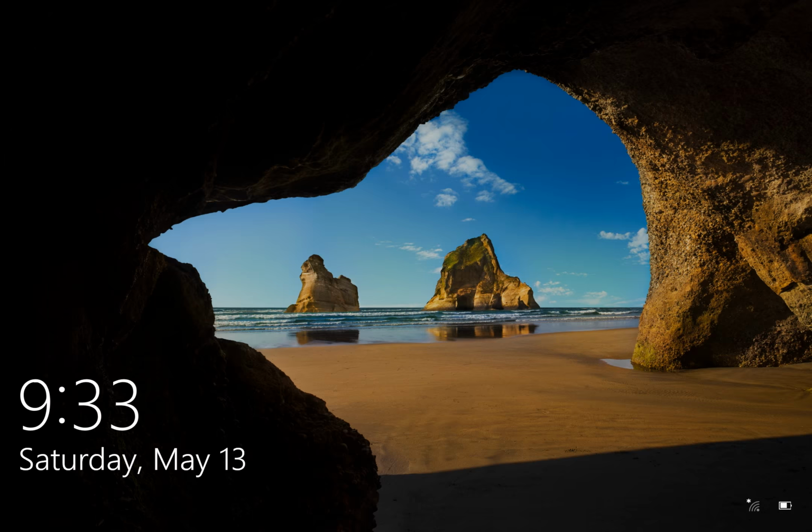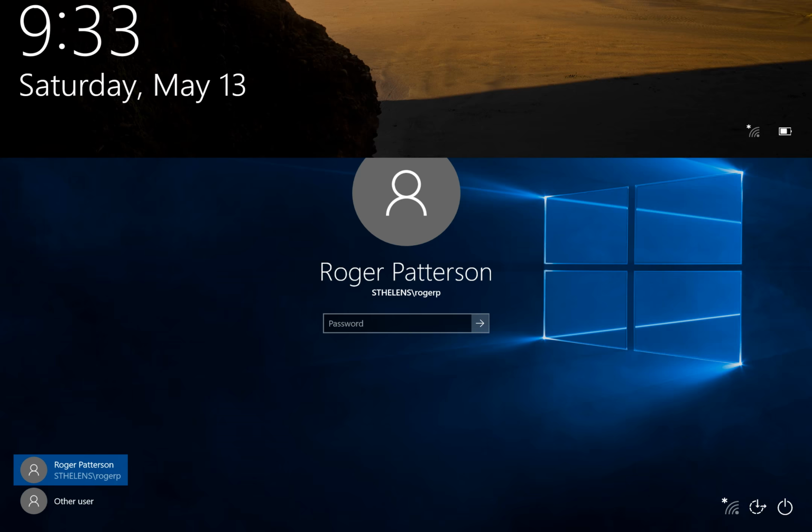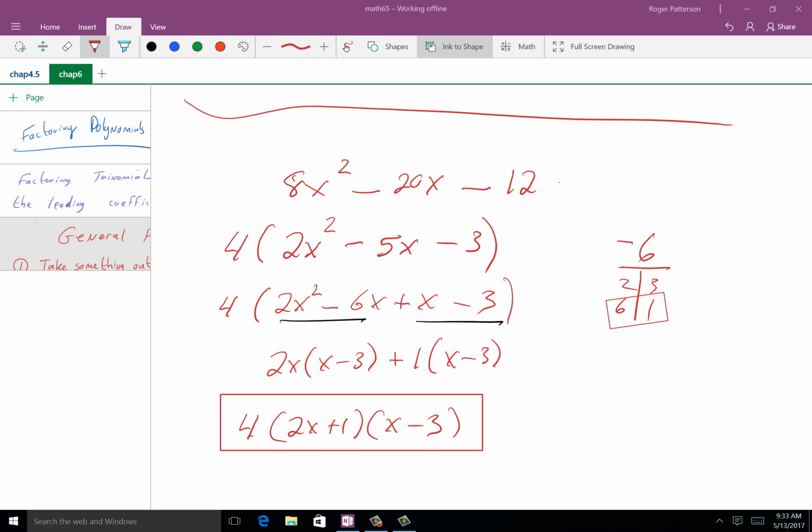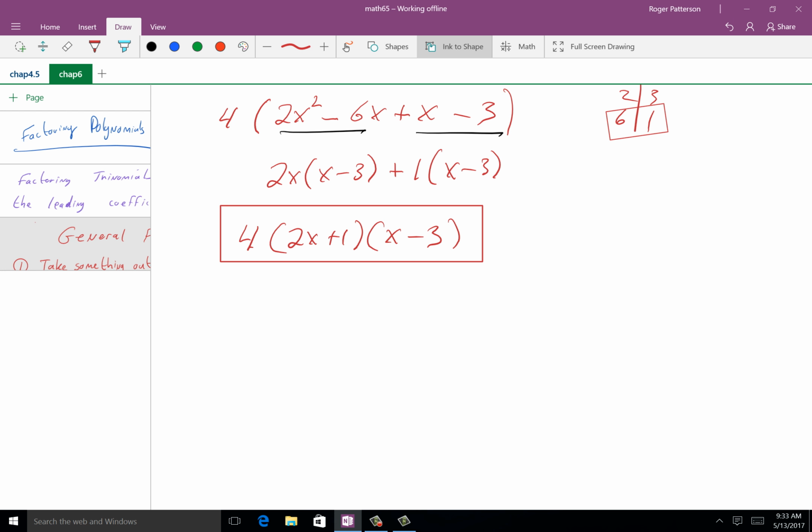6.4 is the section it's in. There it is. 447. Oh, guess it is writing up there.